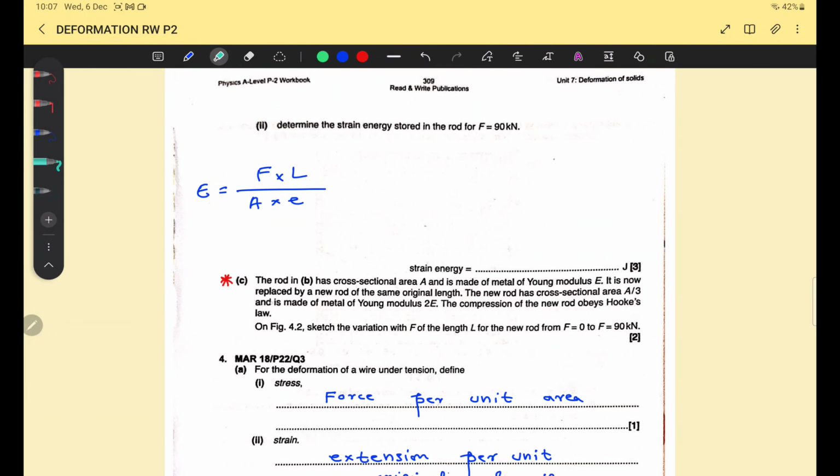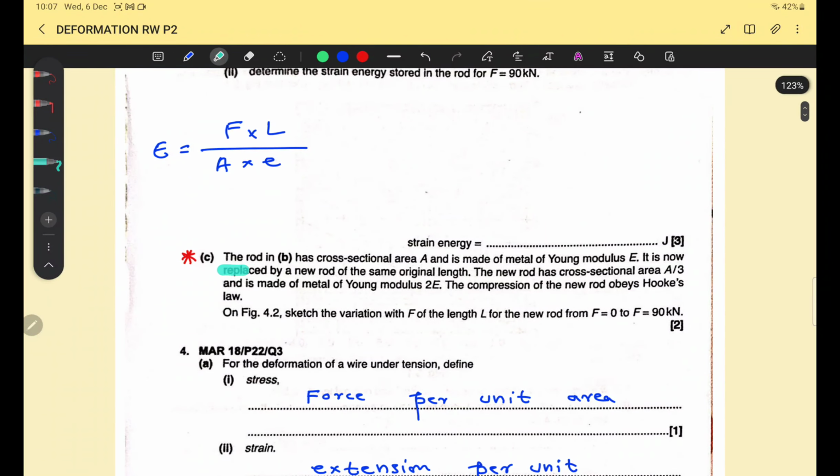Now today the same rod is replaced by a new rod, and this new rod has the same original length. When you are given the same original length, it means length remains the same. And as I said, same ko kato, so I am cancelling length, because the question says same original length.